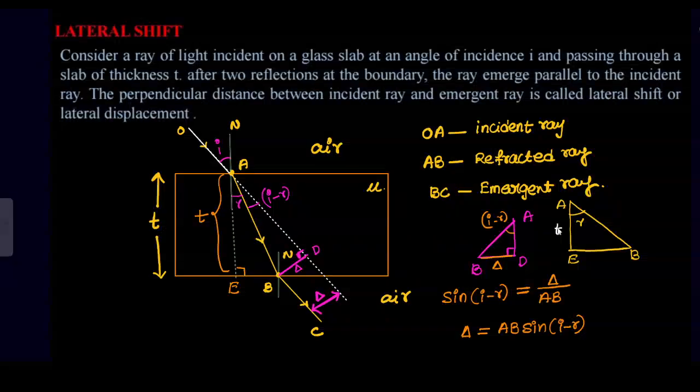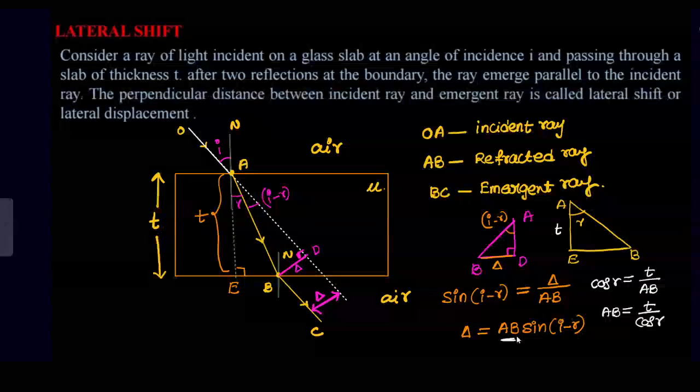So AE is t, right? So we need AB. We can take the cos of the angle, that is cos r, and that cos r value will be placed here.